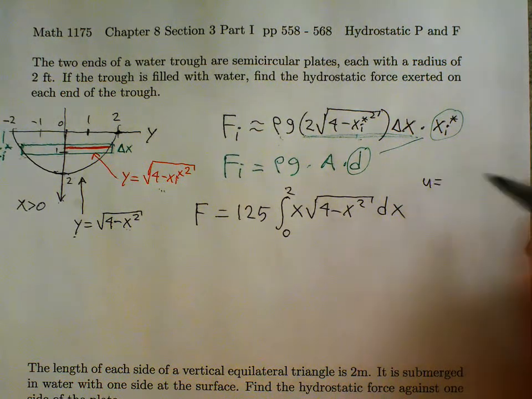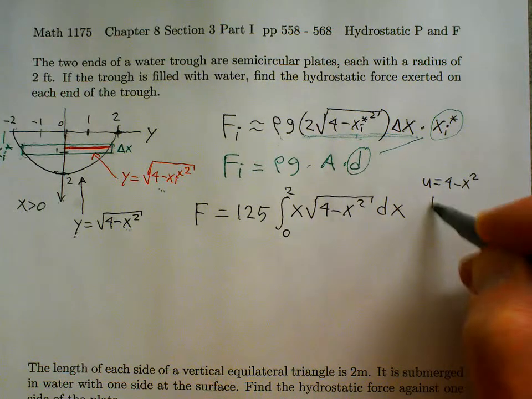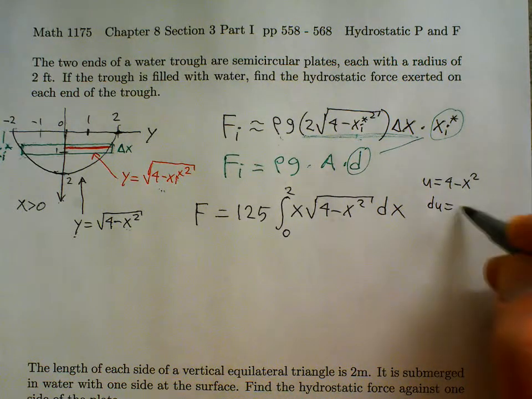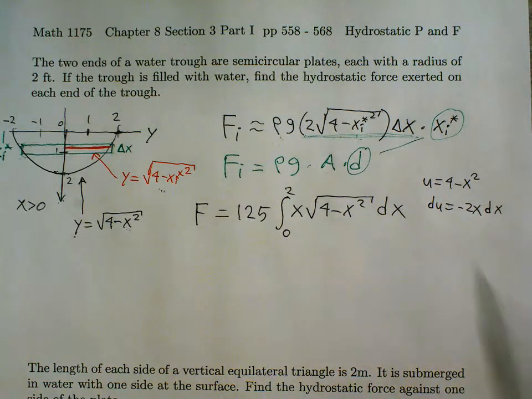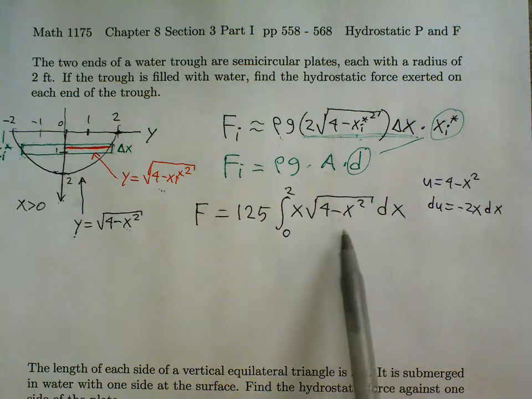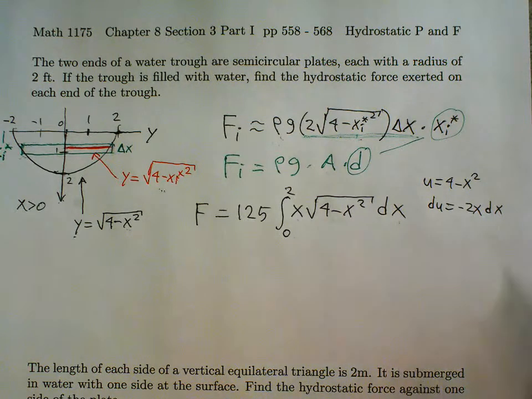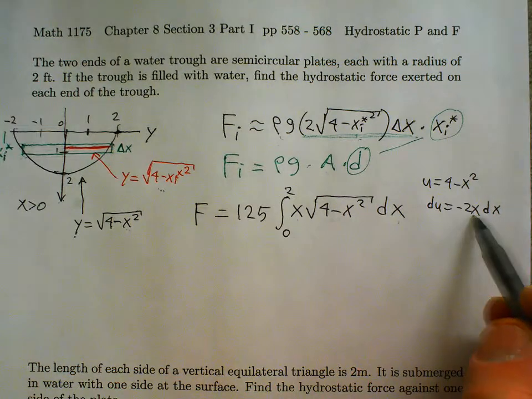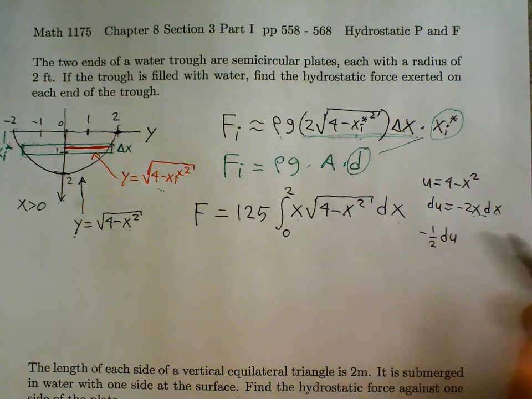If u is 4 minus x squared, then du is negative 2x dx. We see that we have x dx. So if I solve for x dx, I get negative 1/2 du equals x dx.